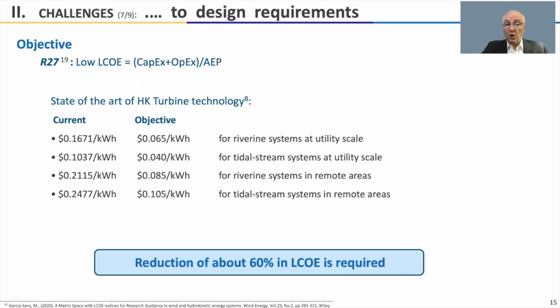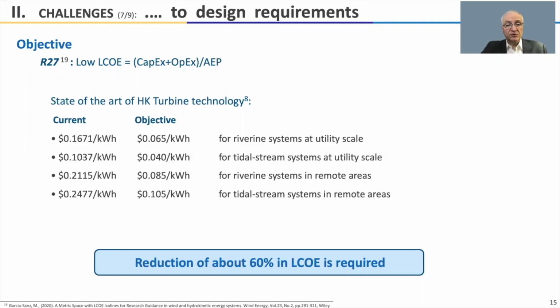Again, the water power program of the Department of Energy has done a terrific job processing data and finding the levelized cost of energy of the technologies that they have been supporting for development. There are 3 different scenarios depending on whether we are near a utility scale facility or we're in remote areas, or if we have a riverine system or a tidal system.